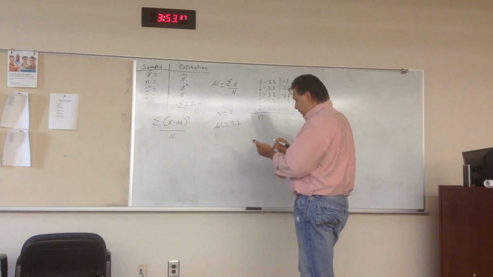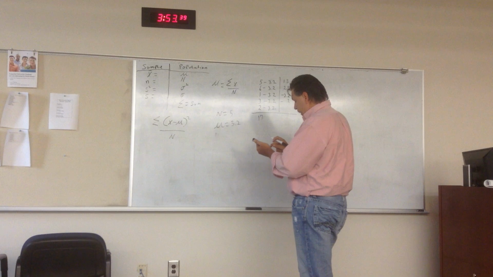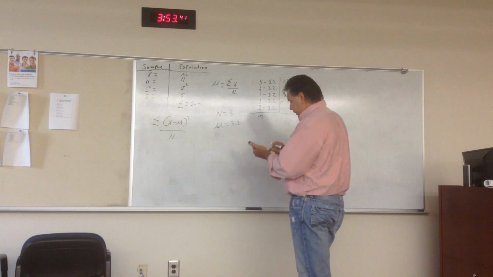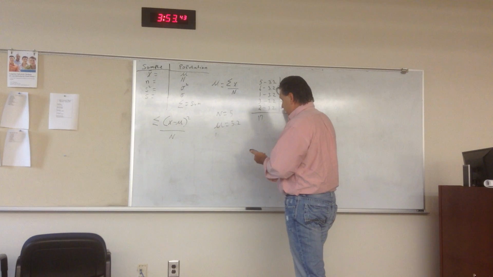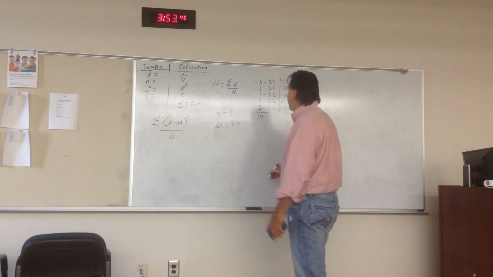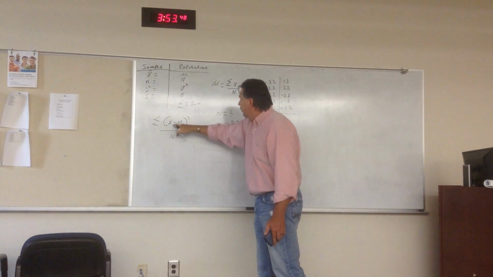And then my last number, 2 minus 3.2, is equal to a negative 1.2. Now I've done this part of it right here.